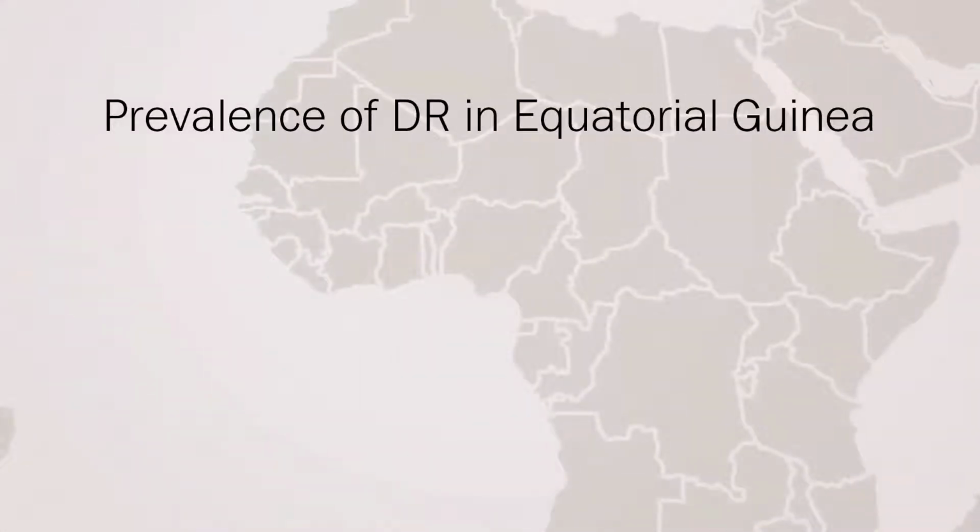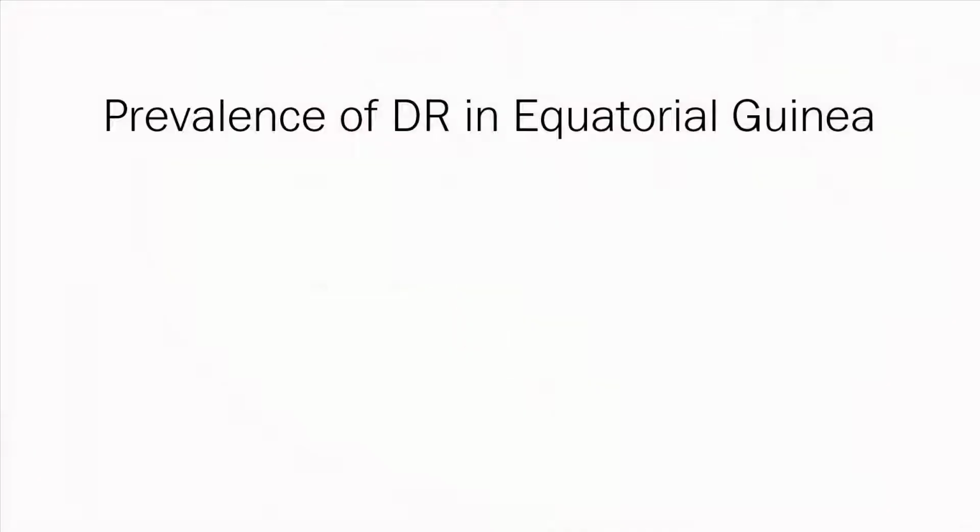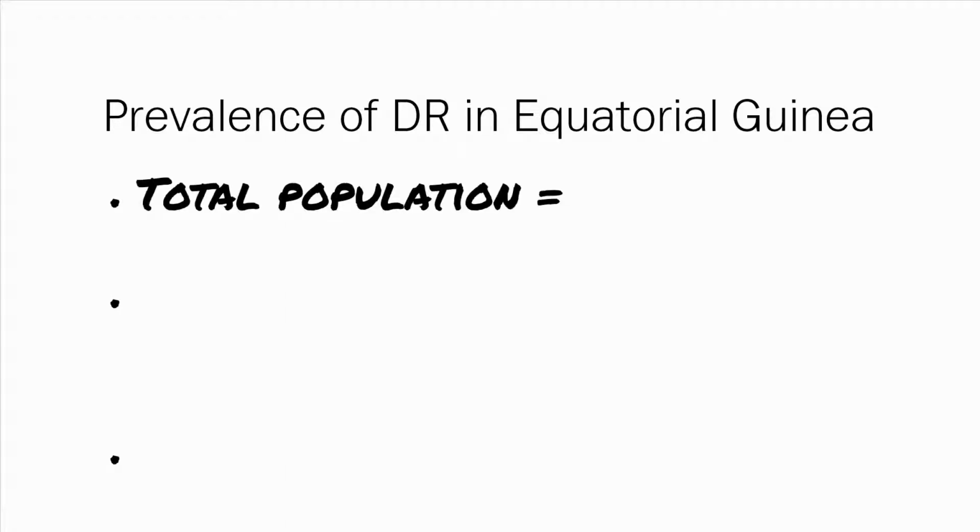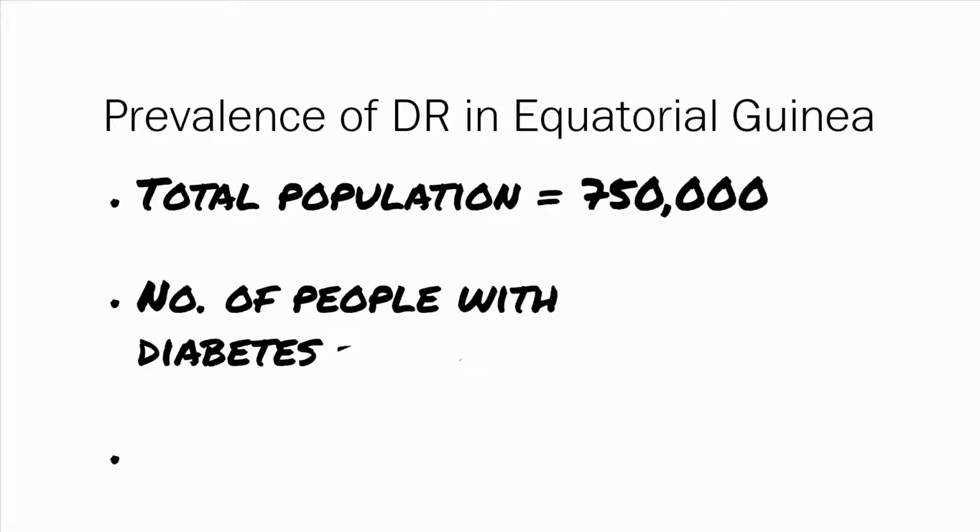As another example, let's look at the prevalence of diabetic retinopathy in Equatorial Guinea. To calculate the prevalence of diabetic retinopathy in Equatorial Guinea, we need to know 3 numbers. First, the total population of the country. This is 750,000. Next, the number of people with diabetes. This is 12,000.